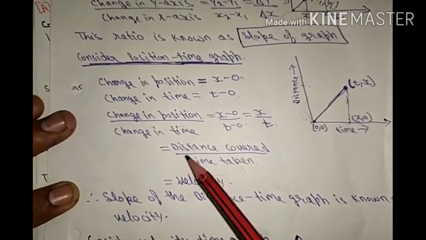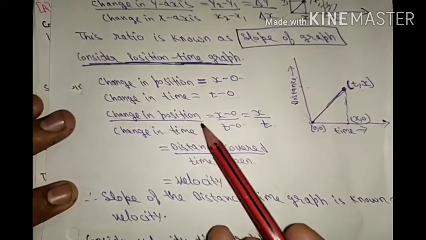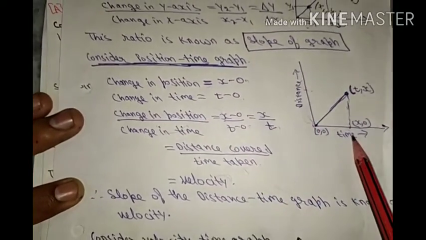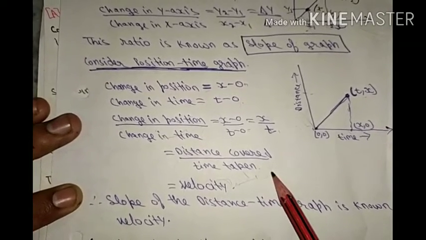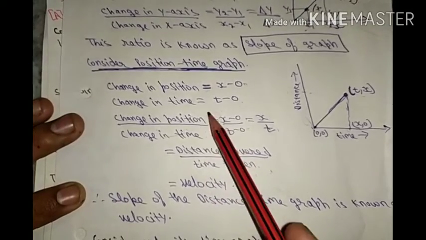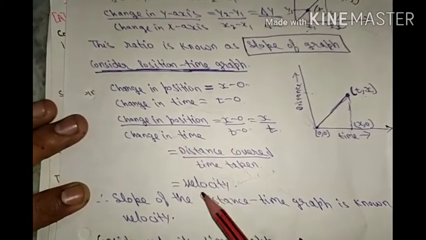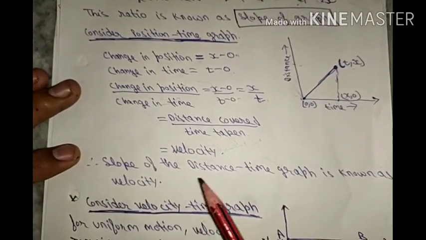This ratio is known as slope of the graph. This means slope of the position time graph is velocity. So to calculate the velocity of a particle, we have to find the slope of the graph. So slope of the position time graph gives us the velocity.